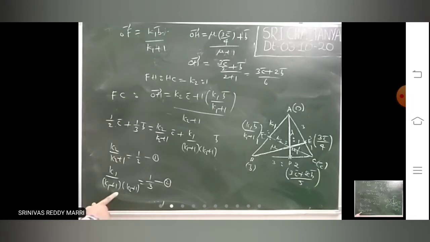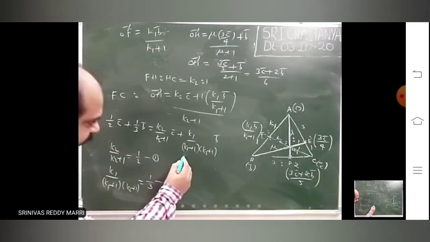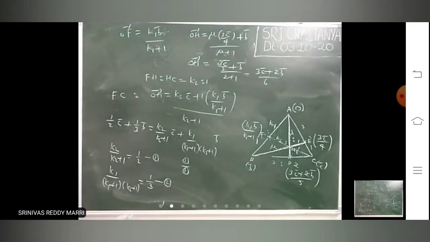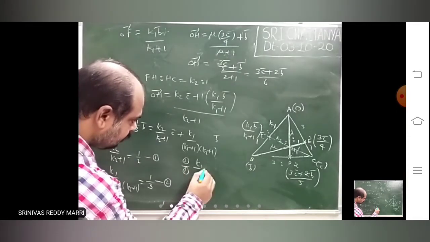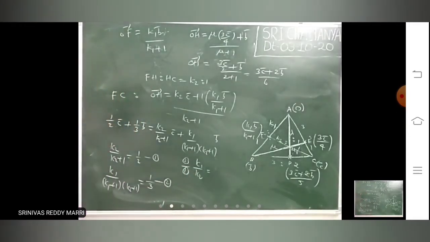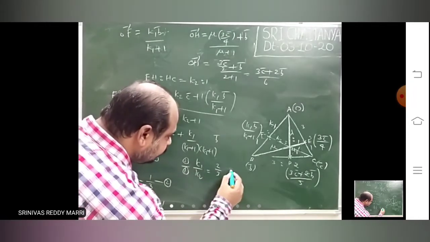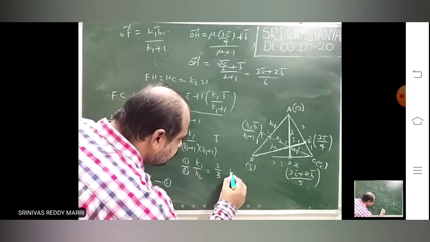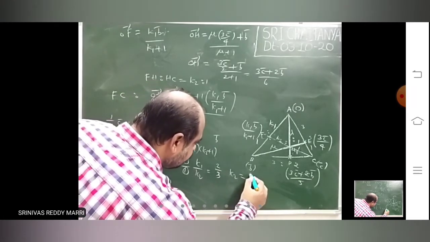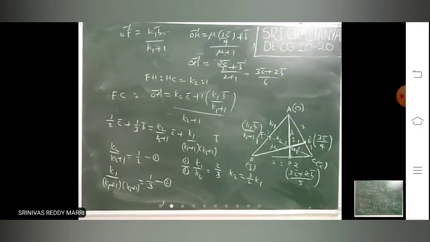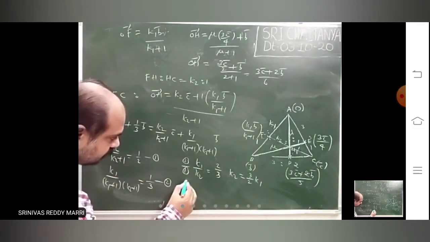Right? So therefore, what I am doing is 2 divided by 1. 2 divided by 1 means K1 divided by K2 is nothing but 2 by 3. That means K2 is nothing but 3 by 2 K1.